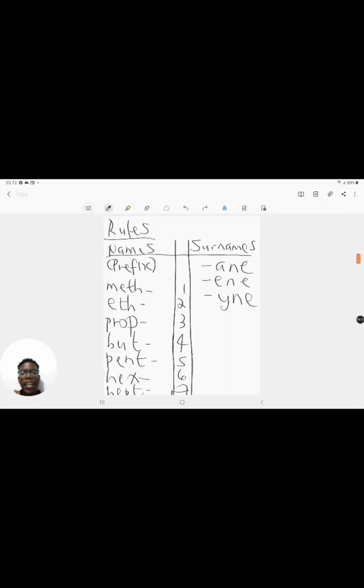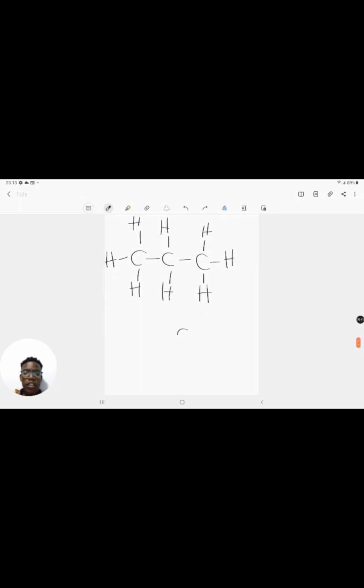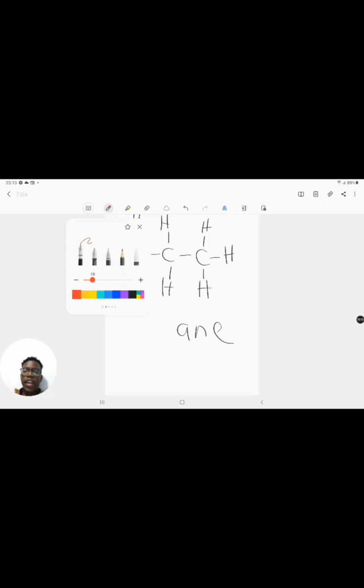If it falls under the alkanes, what is the surname? The surname is ane, so I'm going to write it here. What do I know about the name? The name is related to the number of carbon atoms in the compound. We've got 1, 2, 3 carbon atoms.